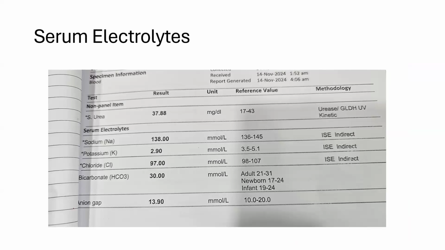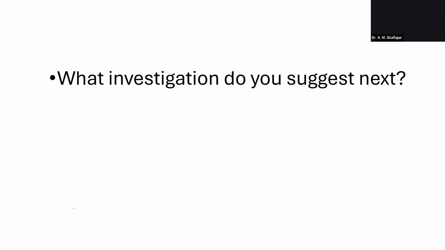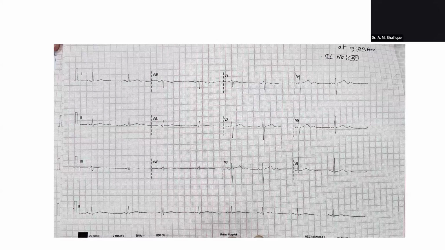But it can be a normal variant also. In that case, not such a big U wave. Here, the U wave is near to the T wave and more prominent in V2, V3, and V4 as well. So bradycardia, then I just asked them what the potassium level was. They told me it is 2.90.